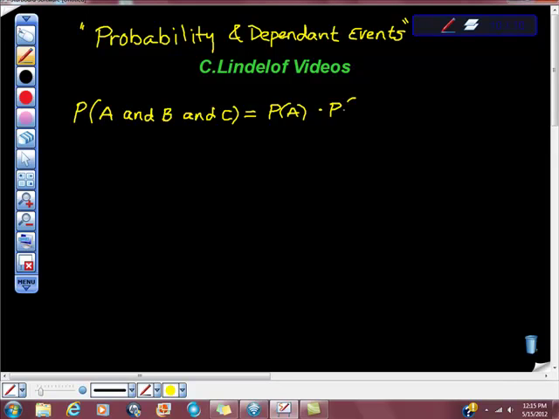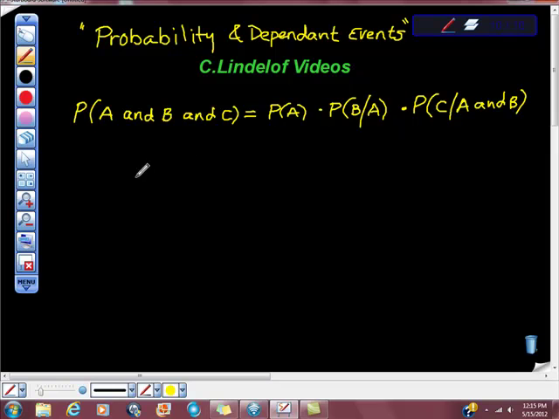Times the probability of B, here's the notation, given that A actually occurred, times the probability of C, given the fact that A and B occurred. So there's that notation, and in notation form it looks pretty good.